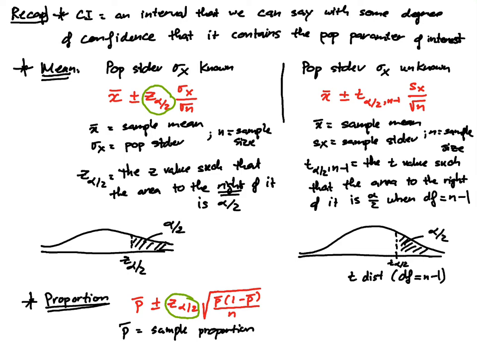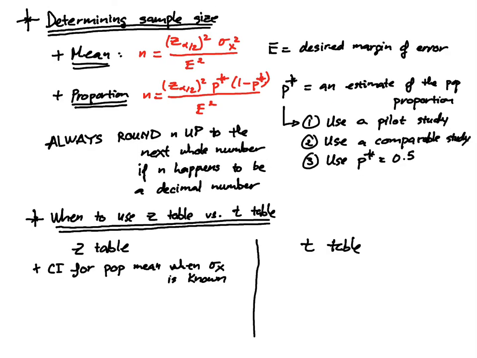So, CI for population proportion. And then if you look at the formulas for the sample size, both formulas call for z sub alpha over 2.